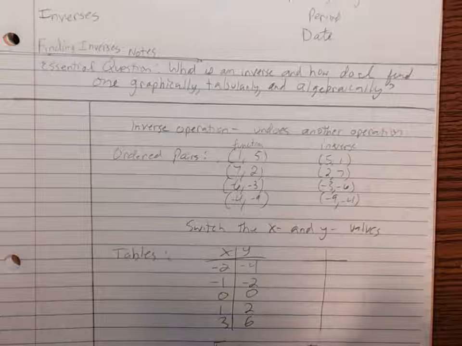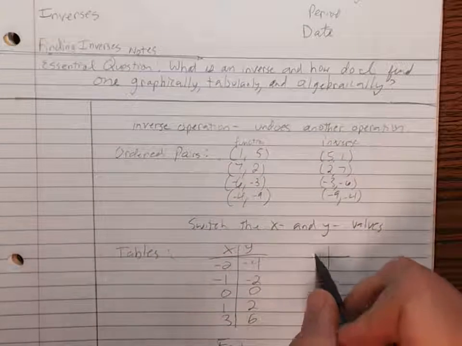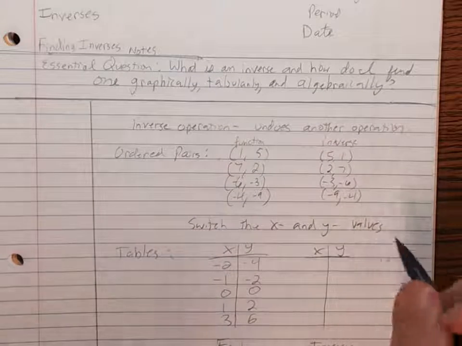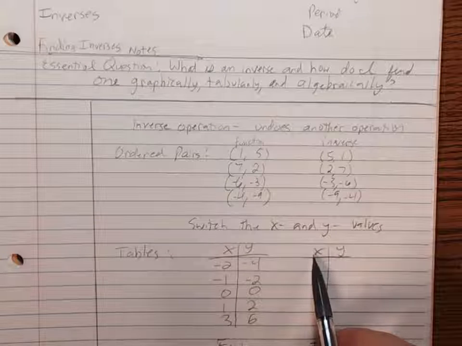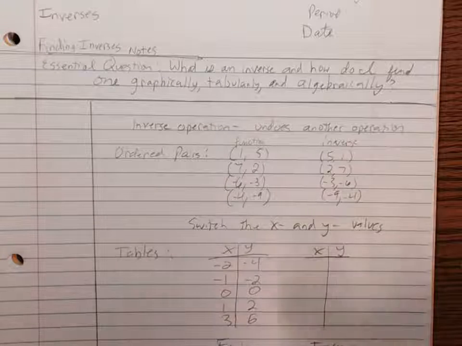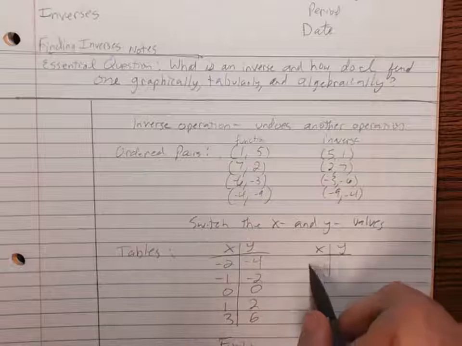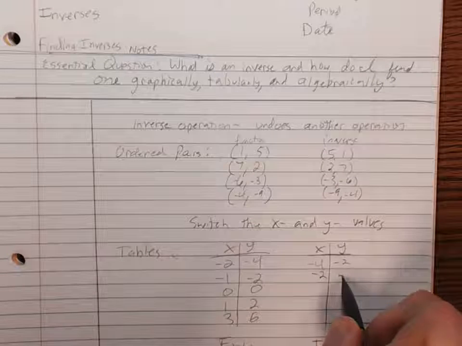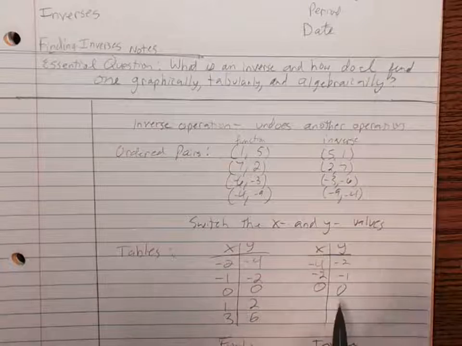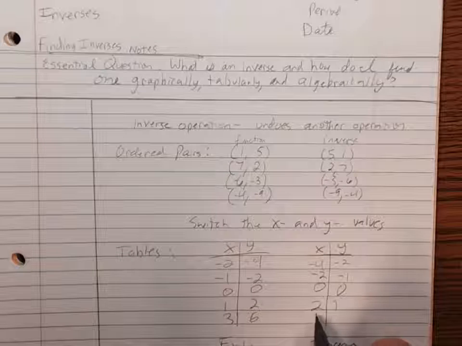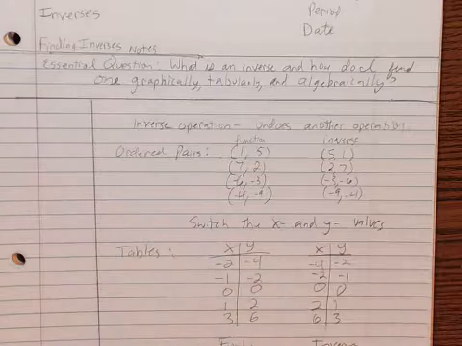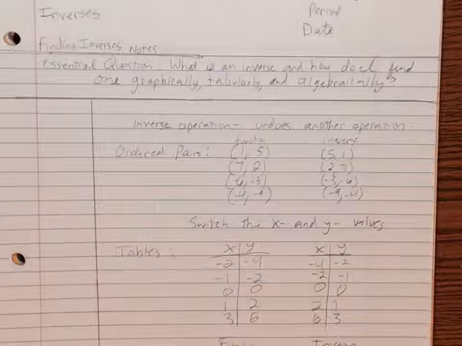Then the inverse would be all of these things, but we switch them. And I guess you could technically write this as y, x. What you need to know is that the table's flip-flop. So this would be (-4, -2), (-2, -1). Ooh, (0, 0) looks exactly the same. That's important to know. All I'm doing is flip-flopping everything. That's all. Not a big deal.